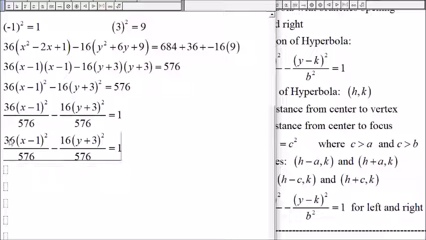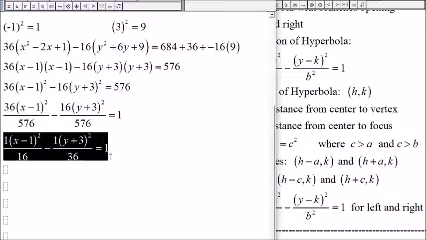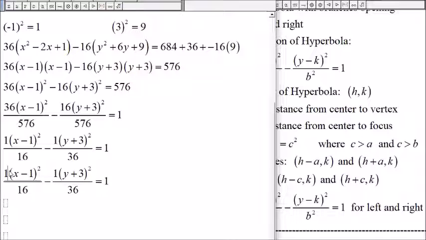And 36 over 576, that's going to be reduced to 1 over 16. And then 16 over 576, if we reduce it, that becomes 1 over 36. And then 1 times anything is the same.